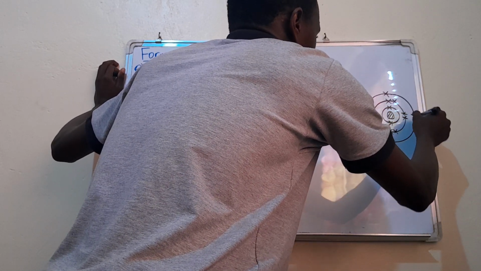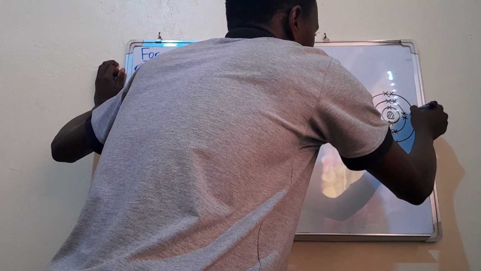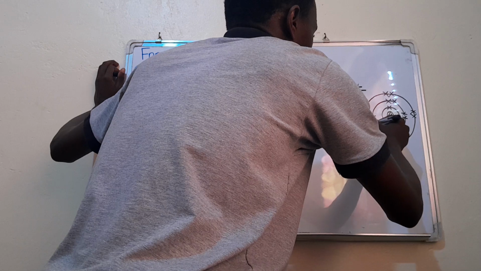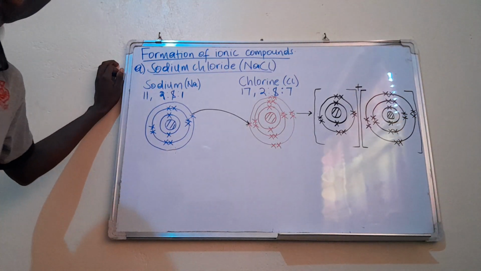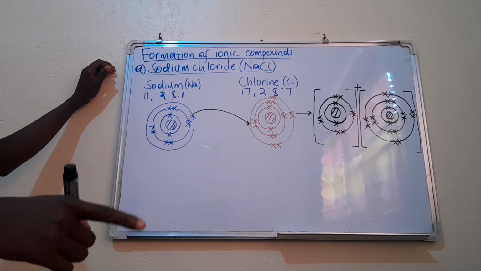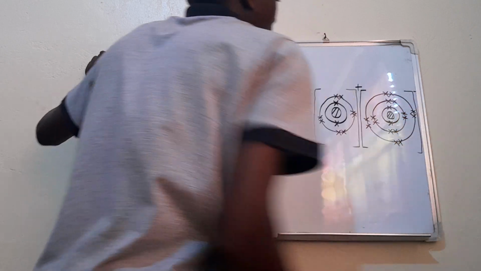We said that non-metals gain electrons to form negatively charged ions, so we need a negative there.